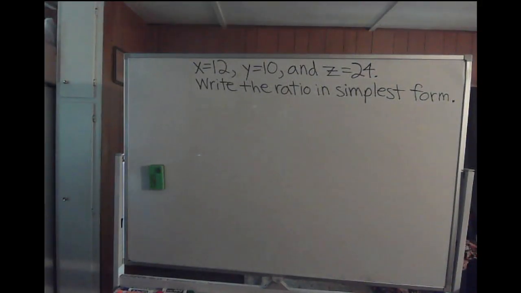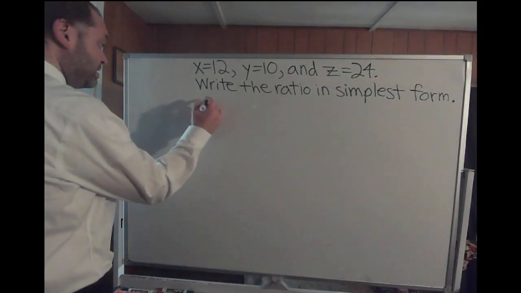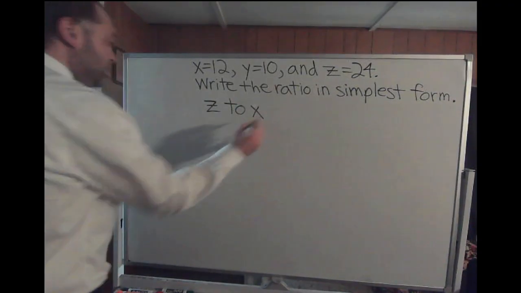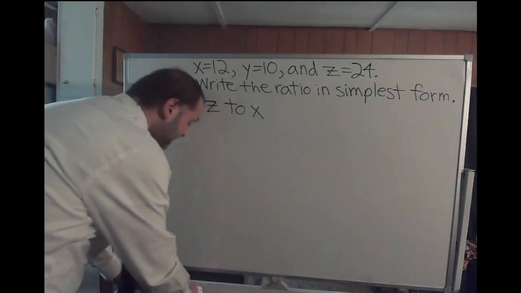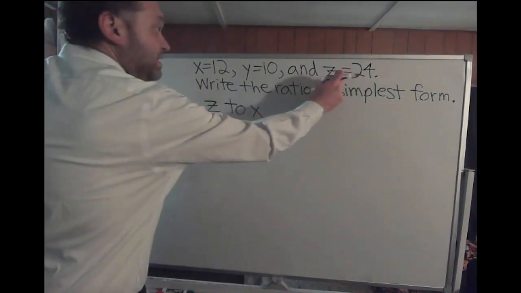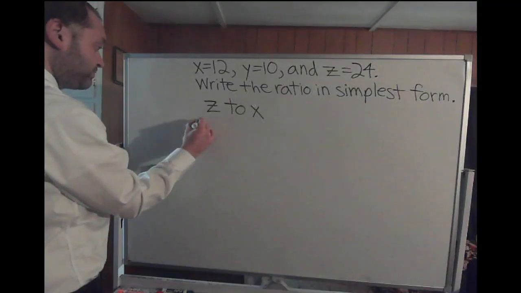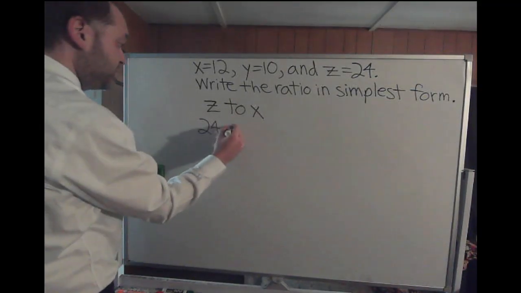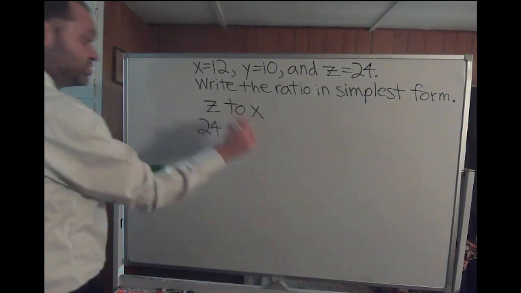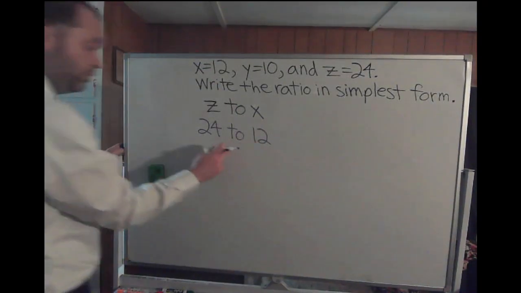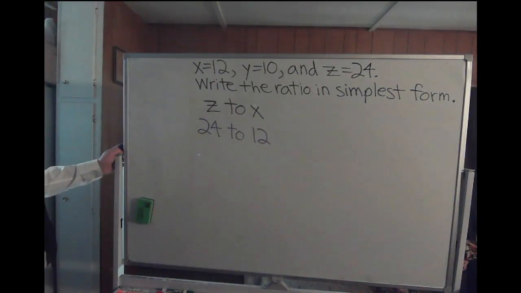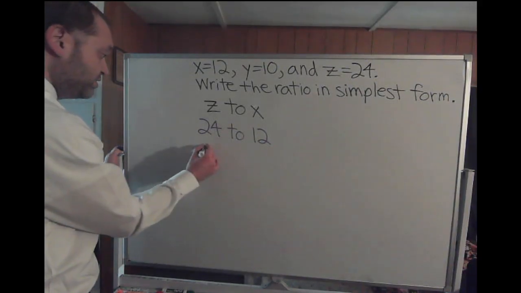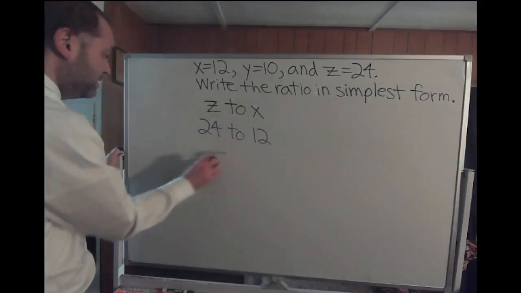Alright, what's the next one? This time we have z to x. So we have the ratio of z to x. Well, what's the value of z? That's 24, right? 24, and then to your value of x, which is 12. 24 to 12 is the ratio, which in simplest form would reduce to 2 to 1.